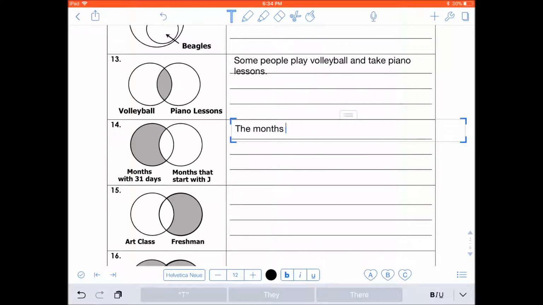The months with 31 days which do not start with the letter J. So that describes my shaded region.